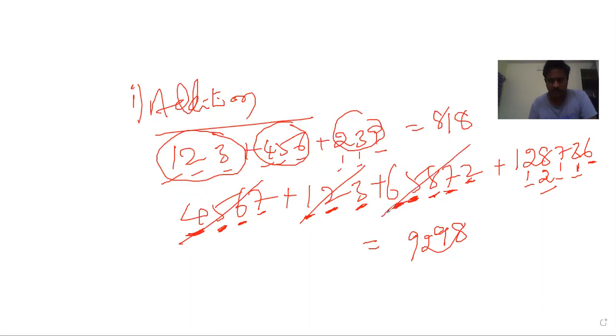So this one also completed, cross it. Here one is the right one. So in this way, we can add values of any number of digits. Here one number is four digits, one number is 3 digits, another number is 5 digits, another number is 6 digits.